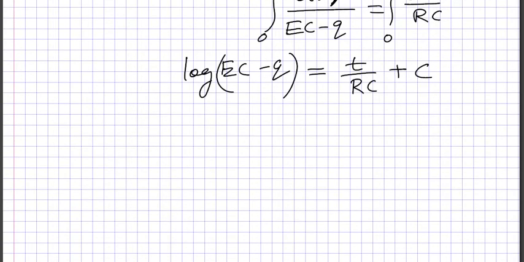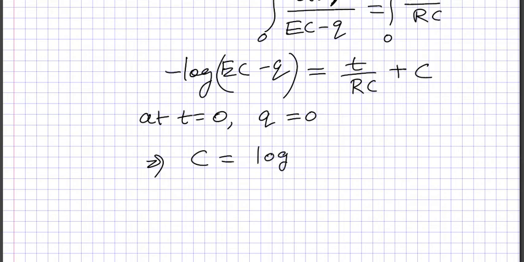Now we have to put in the initial conditions. We knew that at t equal to 0, q was 0. So that implies the constant is equal to, sorry, there was a minus sign, the constant is equal to minus log EC.